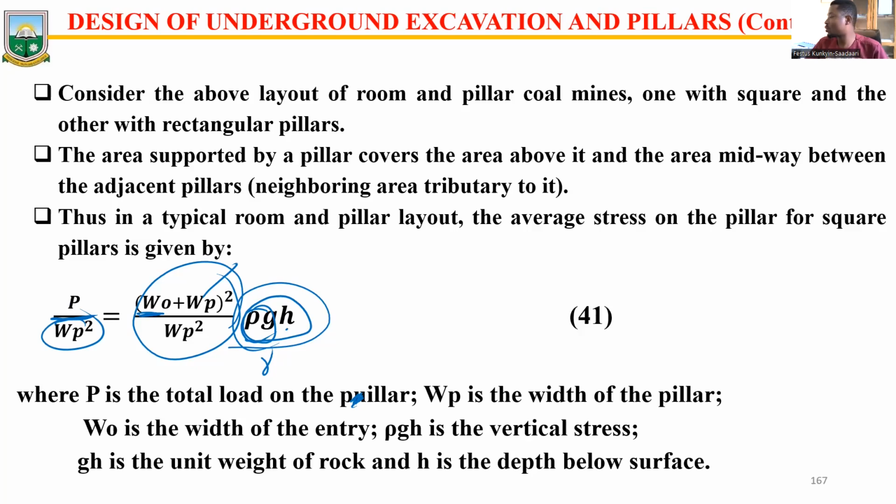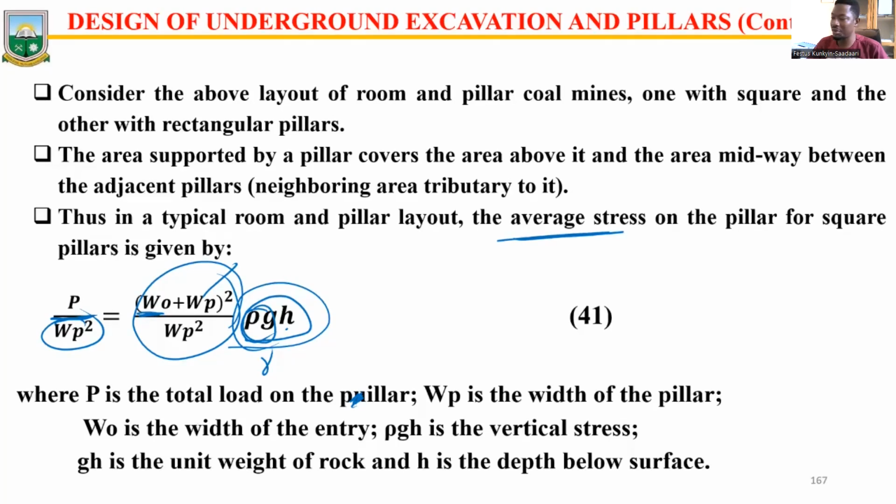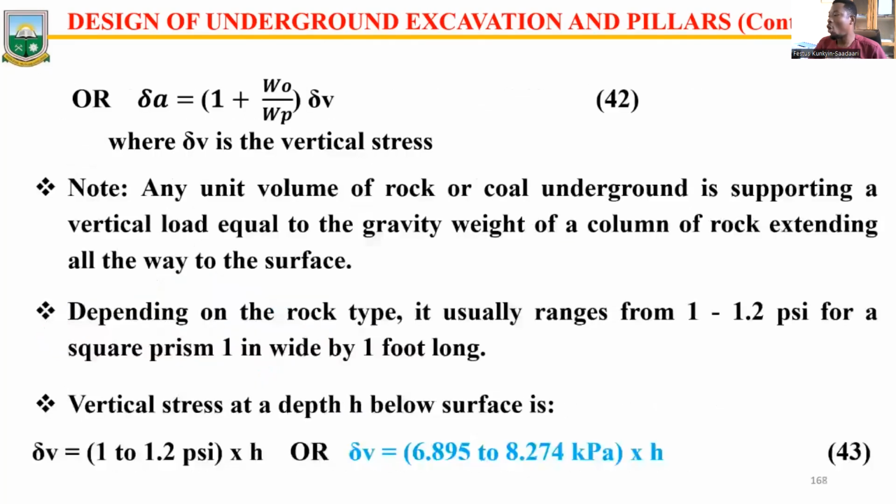And that is what we call, if I want to calculate a typical room and pillar, the average stress. So if I ask you to calculate the average stress of the pillar, this is the formula you are going to use. For the average stress, you can now use this symbol, sigma, is equal to 1 plus this component.